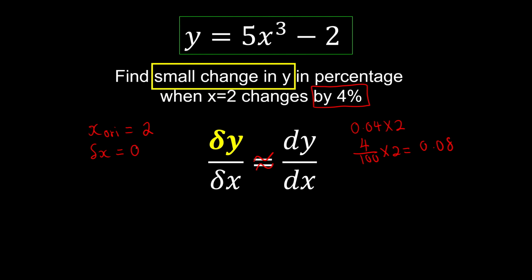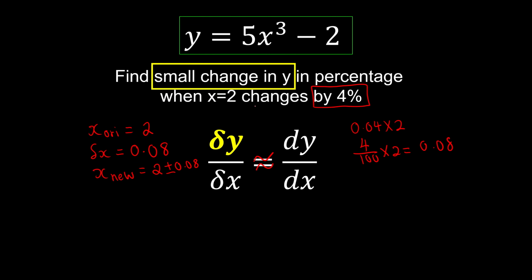So our small change in x is 0.08. But remember, this small change can be an increment or a decrease. So our new x can be 2 plus or minus 0.08, because we don't know if the change is an increase or decrease.